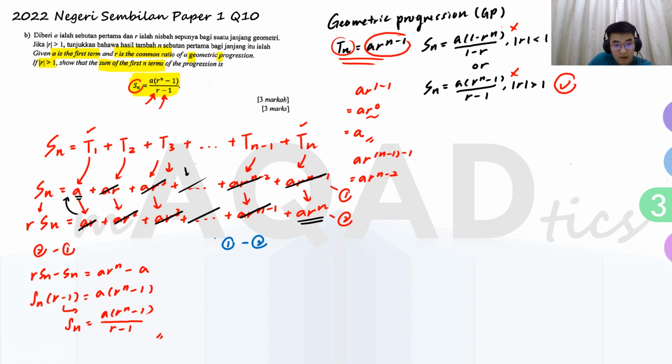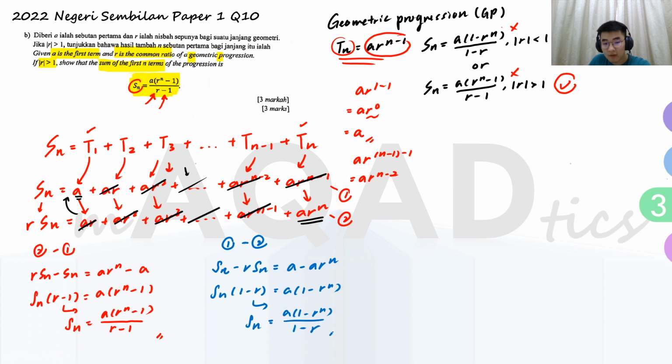So if I do this, the left side of the equation will be Sn minus rSn. And for the right side, it will be the opposite as well. It will be a minus ar^n. The remaining steps are the same. We factorize Sn, and here we factorize a, and we move 1 minus r to the right side. So here we will get this equation.